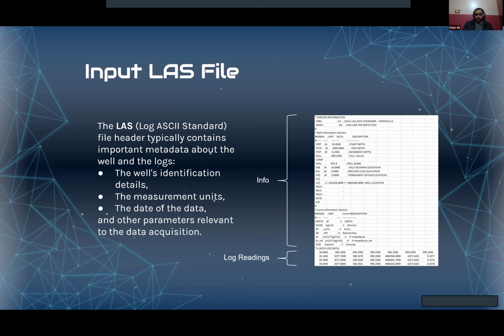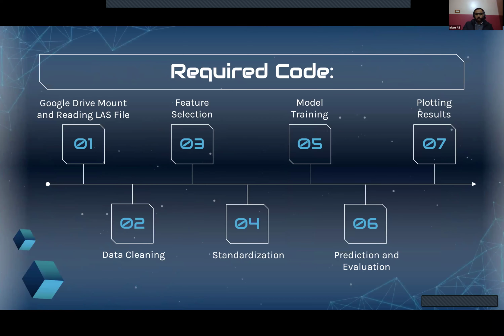Okay, so what I have to do here, I have to understand first what is required to be coded. I have my logs in the Google Drive. So I need first to read them from Google Drive in a LAS format. This is the format of my logs. Then I need to clean the data.